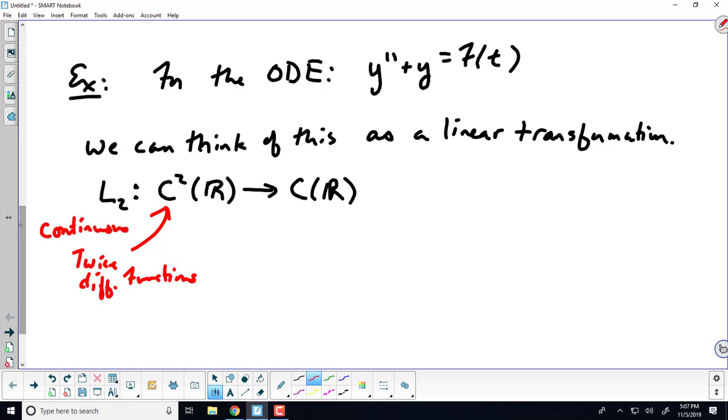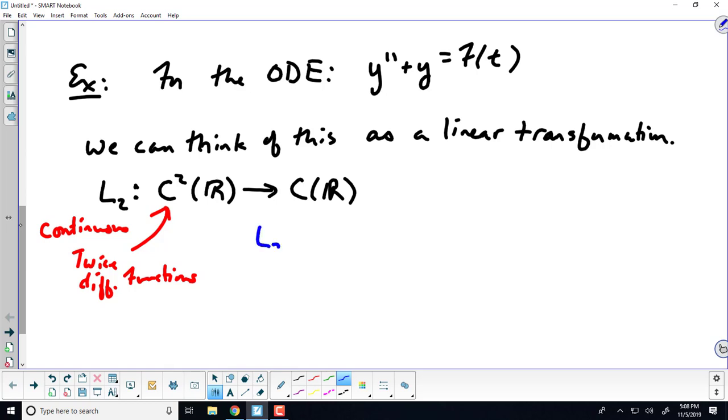Okay? So we really should say continuous twice differentiable functions. And then all we're specifying, and one way to look at that is that when you apply this linear operator, you just get a continuous function. Okay? So that's where this linear operator or this linear transformation lives. It's a function or a mapping from C2 to just C. And what does it do?